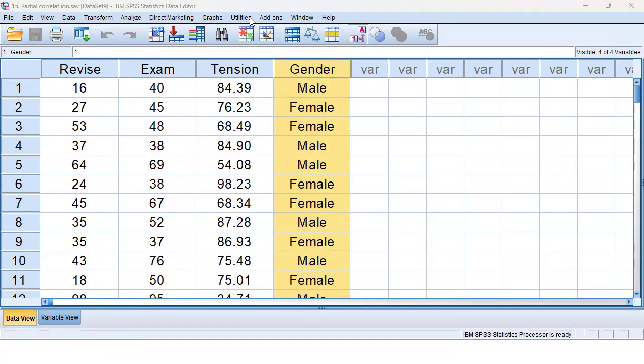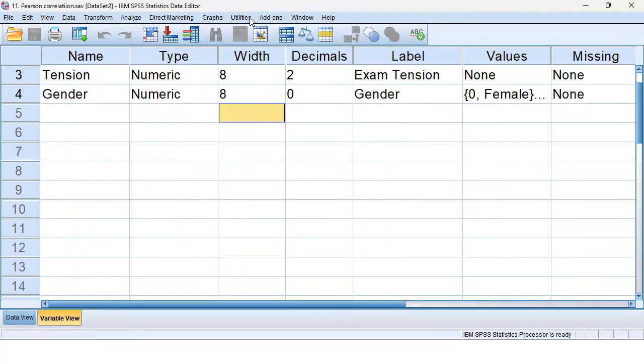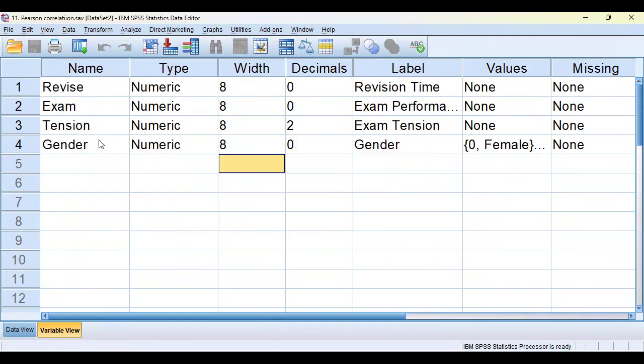So I'm taking this case study for applying the Pearson correlation coefficient. Yes, now you can see this case study.